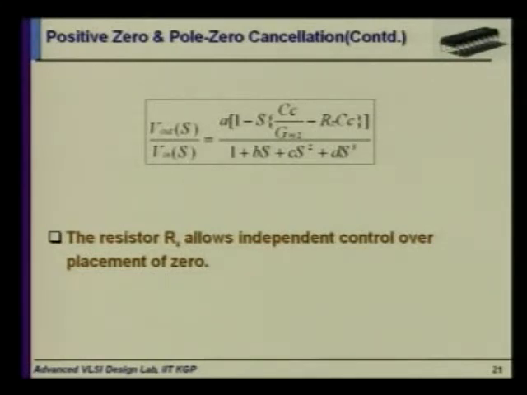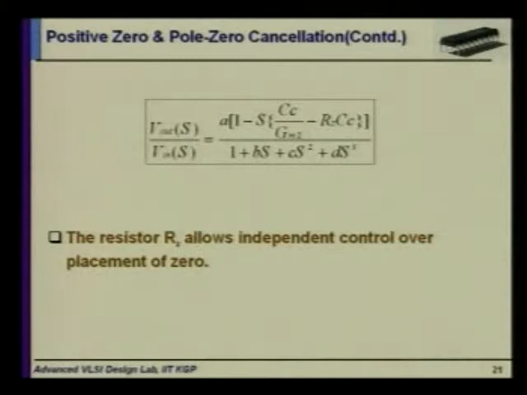Okay, we can clearly place that zero anywhere in the plot by varying the value of Rz, and obviously we want to put that zero at some frequency which is far away from the unity gain bandwidth, so that it does not at all affect the phase plot at the gain crossover frequency. That is one option.